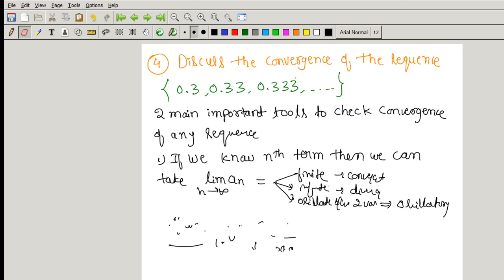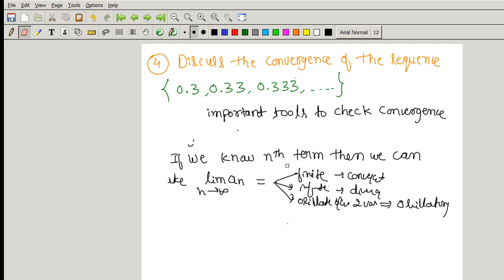Here we didn't know the nth term. If we find the nth term, it will be easier to check convergence, because if we just take the limit as n tends to infinity, we will obtain the nature of this sequence.